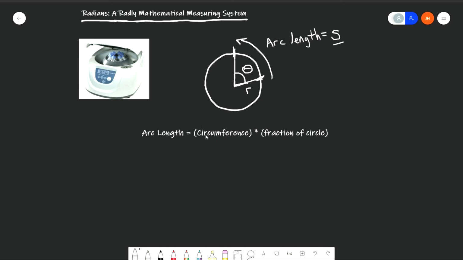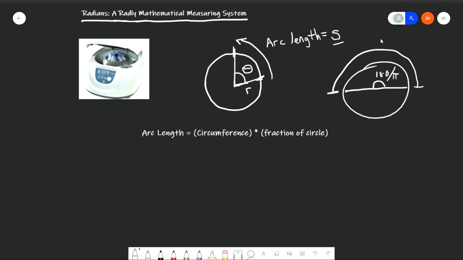If I know the circumference of the circle, and I know what fraction of the circle I have based on my angle, then I can calculate arc length. For example, if my arc was half of the circle, 180 degrees or pi radians, then the arc length should be equal to the circumference times 1/2, right? So that's just showing y'all why this formula works.